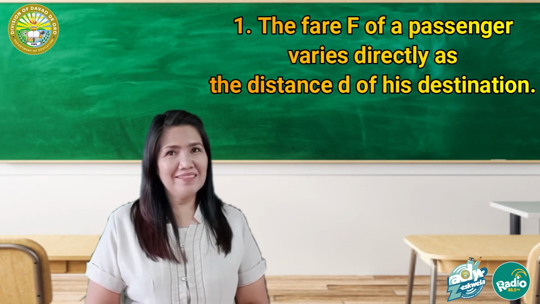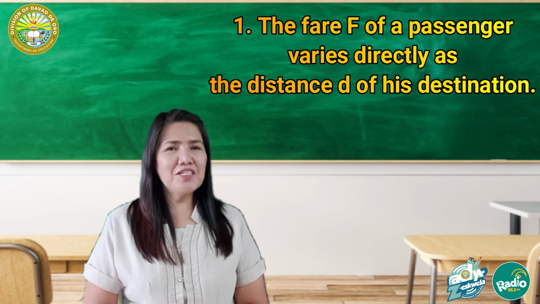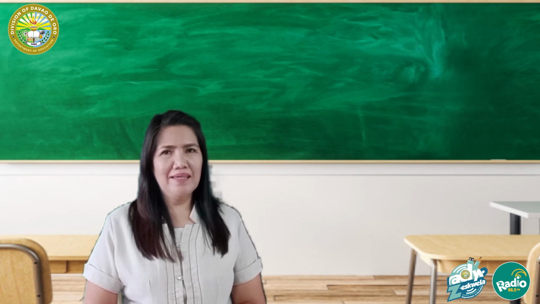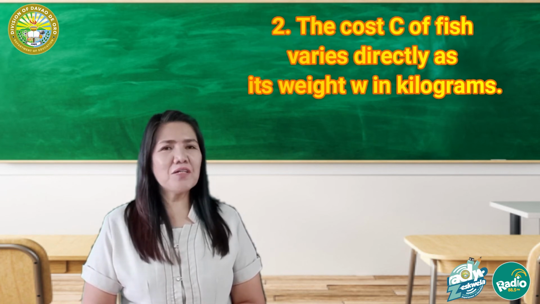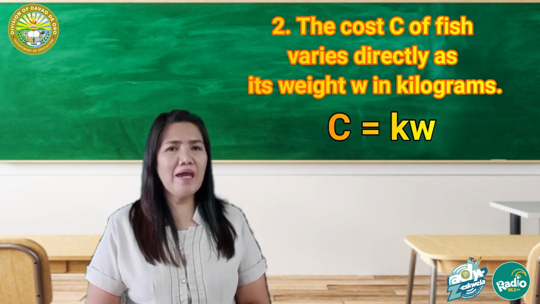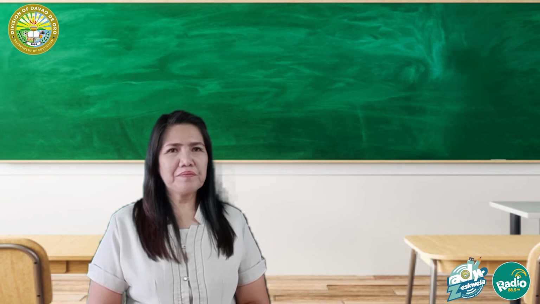Let's check. For number 1, the correct answer is F equals KD. For number 2, the correct answer is C equals KW.